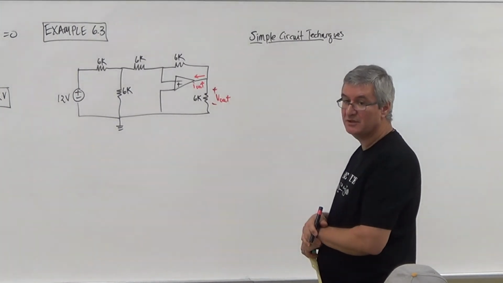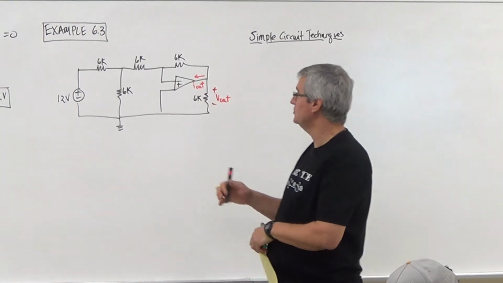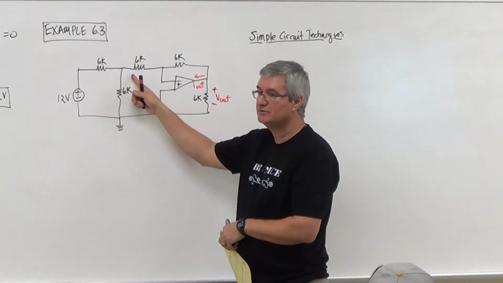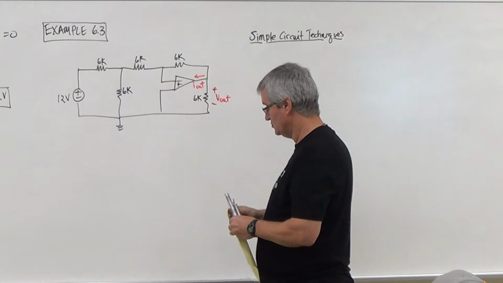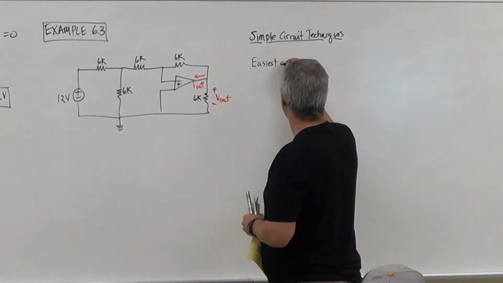Probably the very first thing that I would do is I would do a source transformation. If I do a source transformation, note that I can make this into a current source, and then back to a resistor, then it's back to the original circuit. Okay? So I would say that the easiest approach is source transformation.